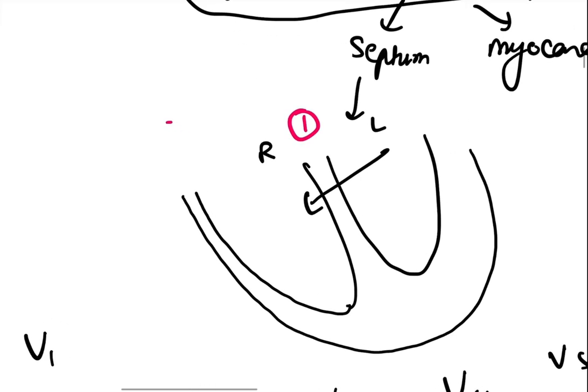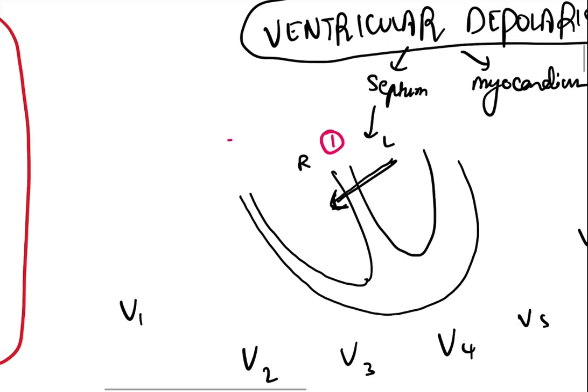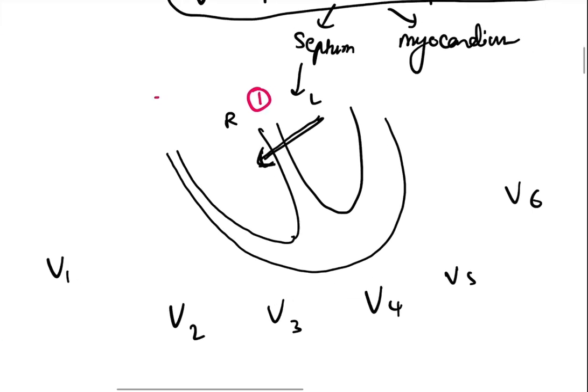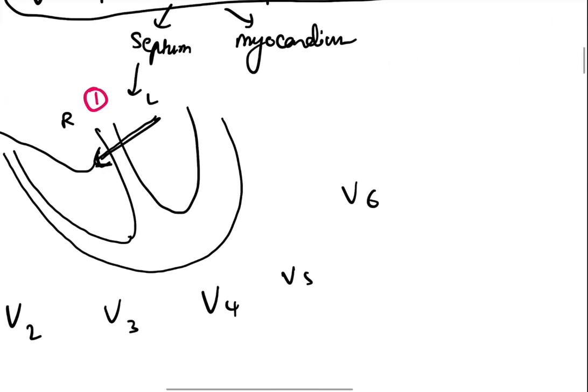Since the current of depolarization is towards lead V1, you get a positive wave, which we'll name the septal R wave. And since the current of depolarization is away from lead V6, you get a negative wave, which we'll name the septal Q wave.